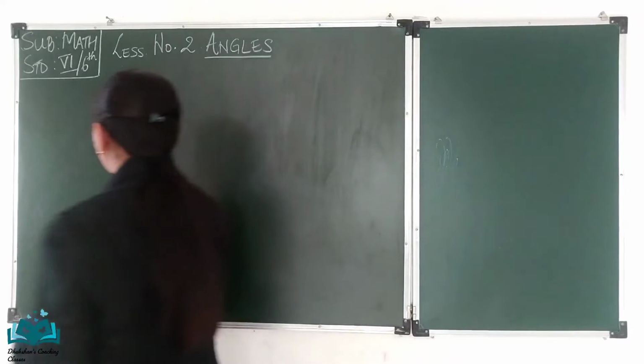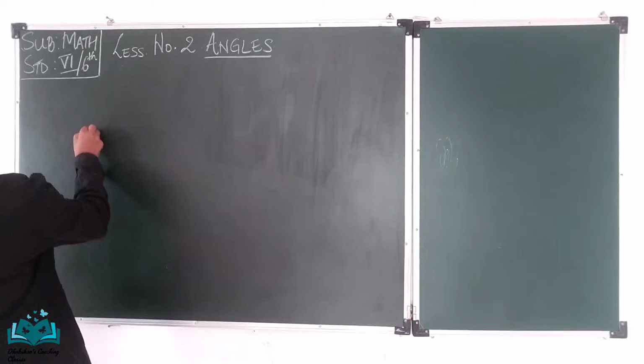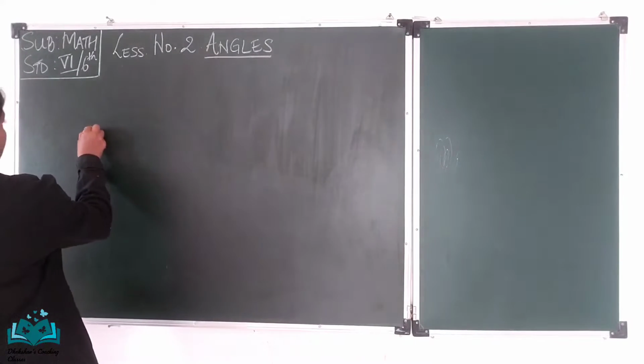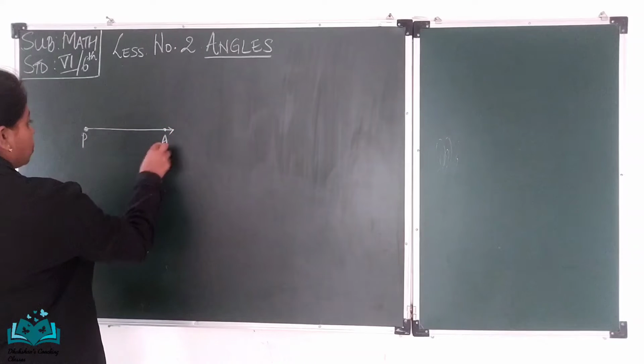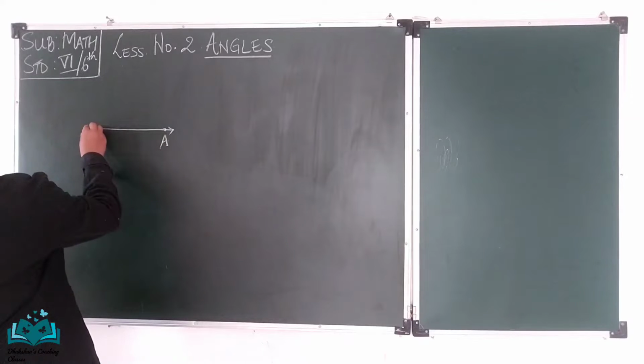Have a look over here. This is a point P. A line is drawn, PA.